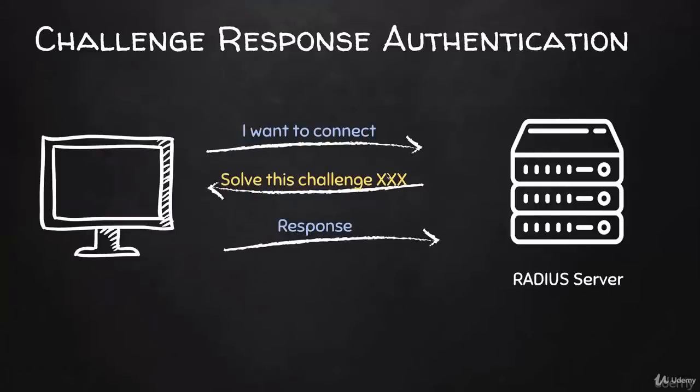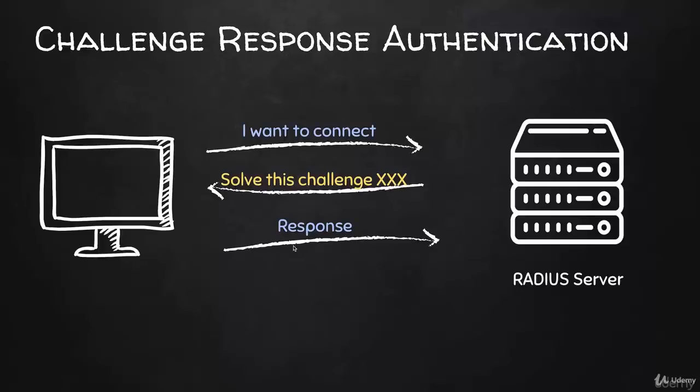The client goes ahead and solves the challenge. It solves it by encrypting the challenge using the password that you put. So basically the password that you put in the login box will never be sent to the server.